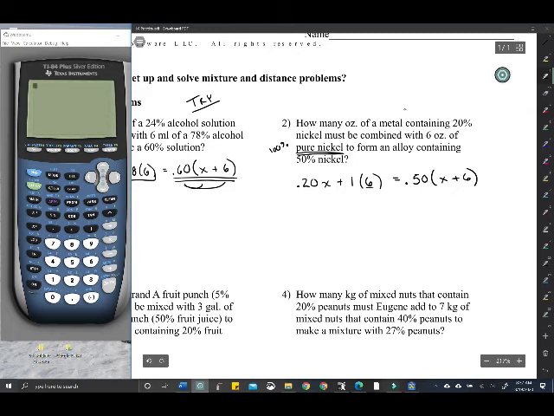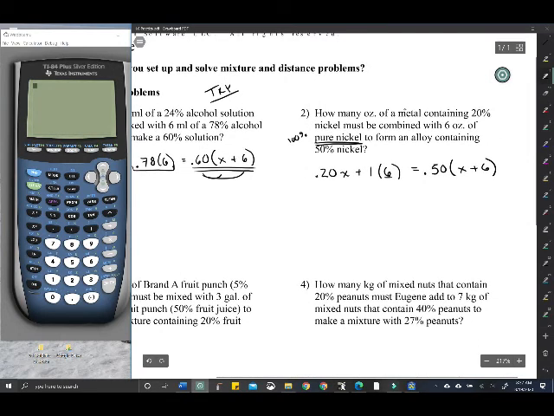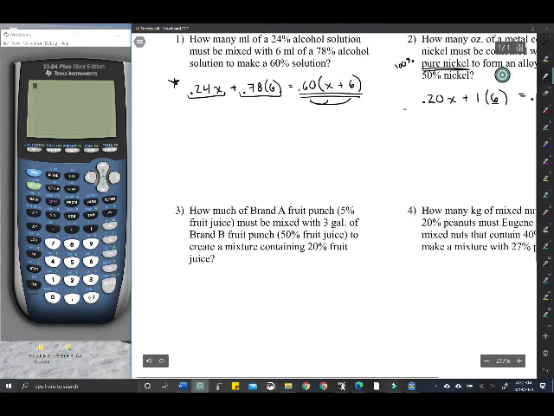Okay, that should get you in good shape for the next part. So ounces of a metal containing 20% nickel combined with 6 ounces of pure nickel, so 100%, to go from there. Again, distribute, solve, and you should get the answer for that.